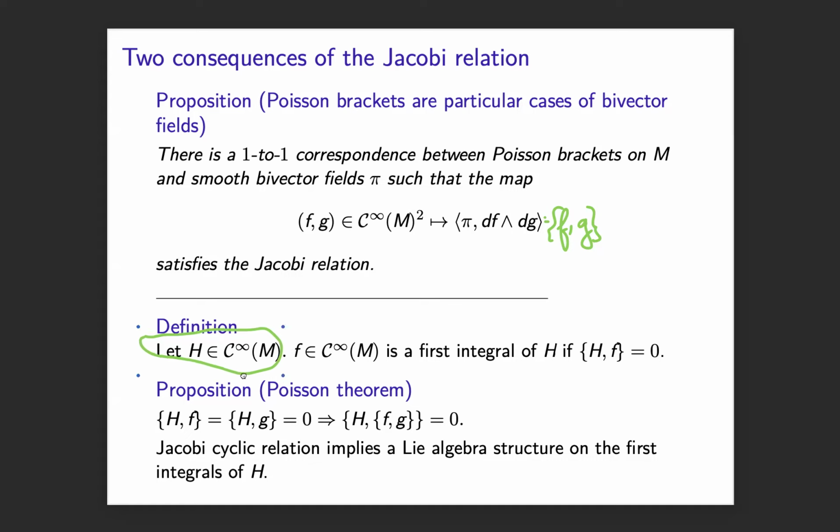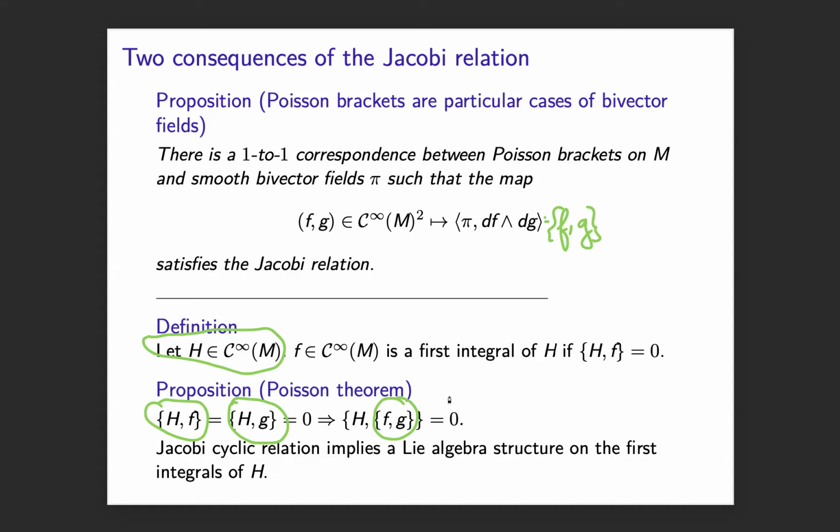The Poisson theorem states that the Poisson bracket of two first integrals is again a first integral, right? So the bracket of H and F equals 0 means that F is a first integral of H. Same for G. And this means that the bracket of F and G is a first integral of H again.